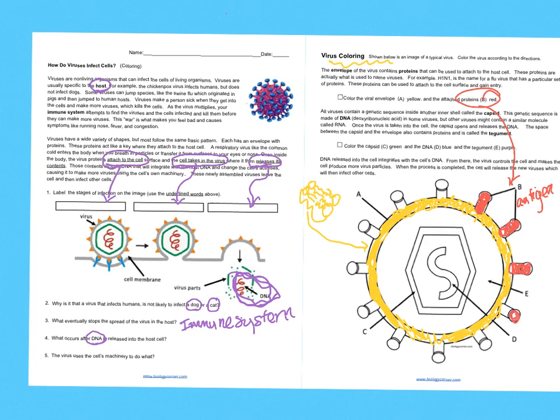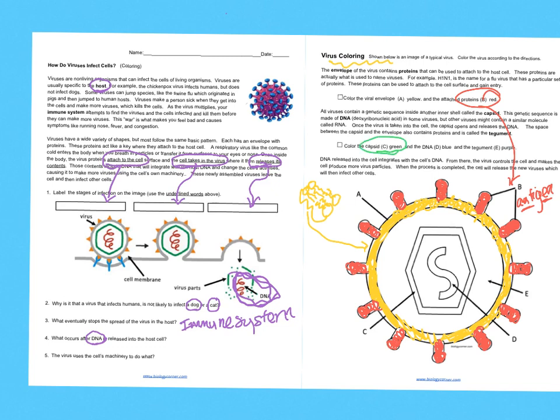The markers on the outside of every cell, or in this case of the virus, are going to be very, very specific to what that virus looks like and what it is going to be able to attach onto. It acts like a little lock, and it tries to attach itself onto the exact cell that it is designed for. And the reason that viruses don't typically go between different species is because these antigens, these markers, will be very specific to whatever it is hosting.